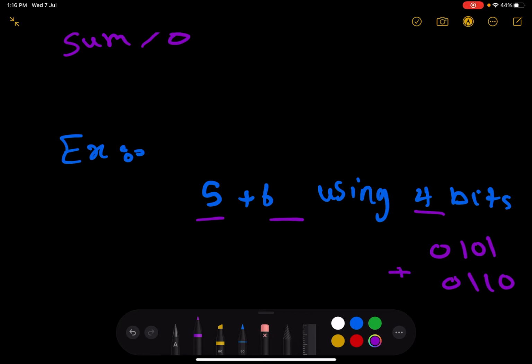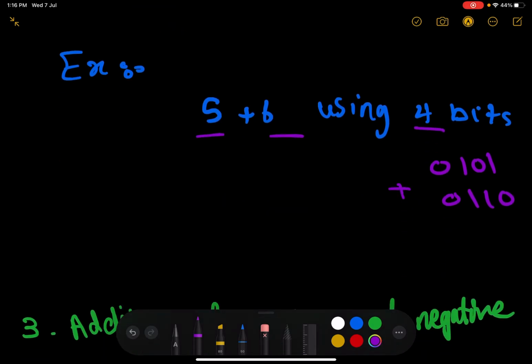We're going to add these numbers together, so 1 plus 0 is 1, and 0 plus 1 is 1. 1 plus 1 is 0, and here we have a carry. To this carry, we add 1 plus 0 plus 0, and you get 1. So as you can see, this bit is the sign bit, and we had two positive numbers, and here the sign bit has changed.